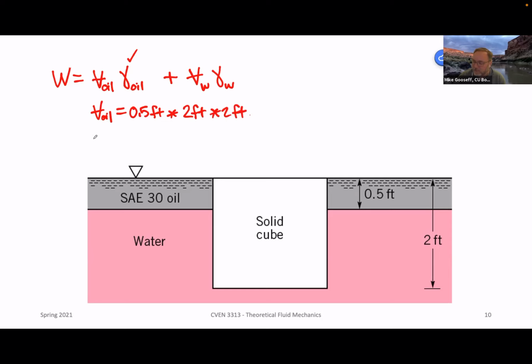And then the volume of the water that's displaced is 1.5 feet times 2 feet times 2 feet. Okay, so that's how you basically solve that. You remember that the gravitational force for these is their specific weight multiplied by their volume, right?